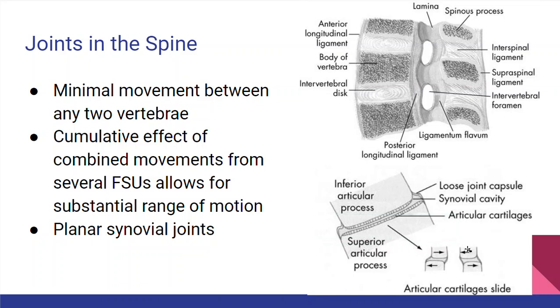So these joints allow motion and restrict motion, but it's also good to note that since they're synovial joints, if there's too much compression or too much tension, there are a lot of nerve endings within that joint space.